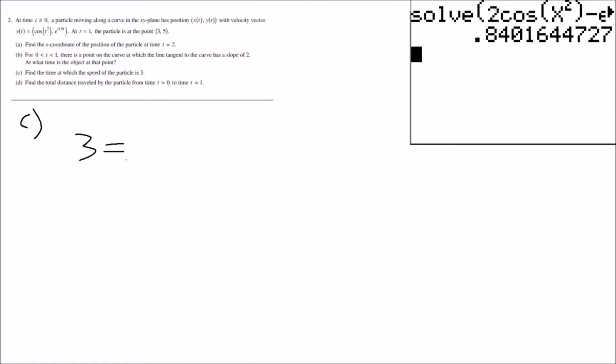Now to get the magnitude of a vector, you want to plug it into the distance formula. Now don't get this confused. The distance formula, in other words, square root of x minus a squared plus y minus b squared, blah, blah, blah.